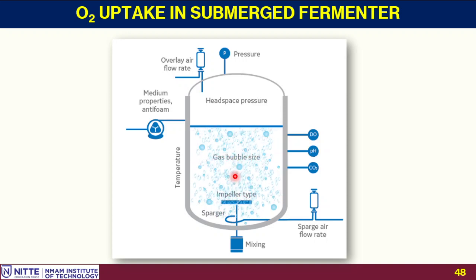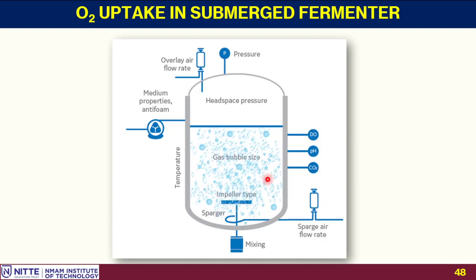Then another issue that we will come across here is solubility. Oxygen is sparingly soluble in any liquid solution, specifically water. And you should know that this is not pure water. You have other nutrients here, glucose, proteins, and so on. So this may not behave like a Newtonian fluid. It may behave like a non-Newtonian fluid.